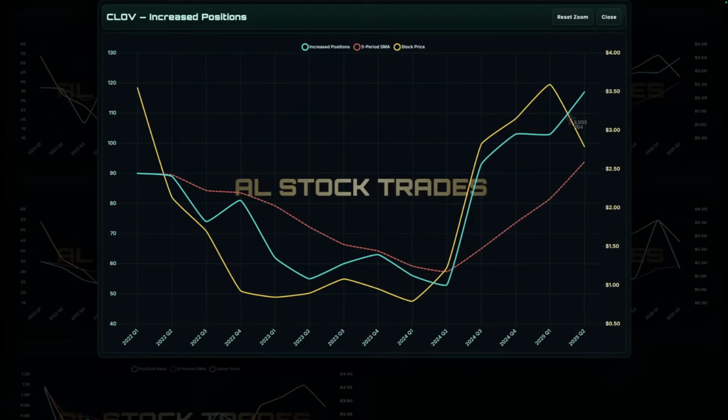But you can see here how the increased positions is going up, but the stock price is going down. It's funny because increased positions is a good prognostic indicator, and it follows the stock price. But now we're seeing a divergence. So what does that mean? I think this is a precursor of what's to come in the future.